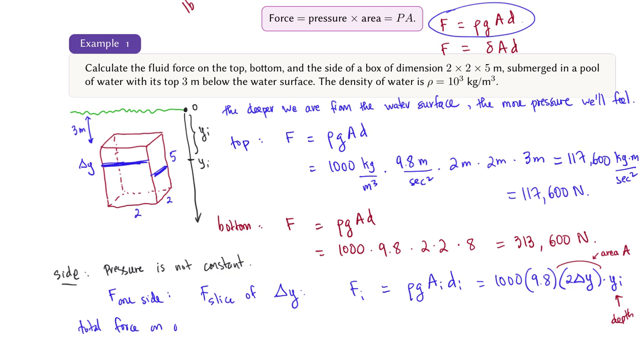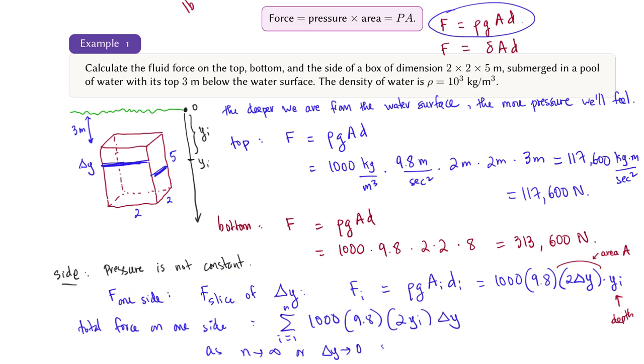The total force on one side is the sum of all of the slices, assuming that we have n slices. Each of the slices has the force of 1000 times 9.8 times 2 y_i times delta y. But as n goes to infinity or delta y goes to 0, we obtain the definite integral of 9800 times 2y dy.